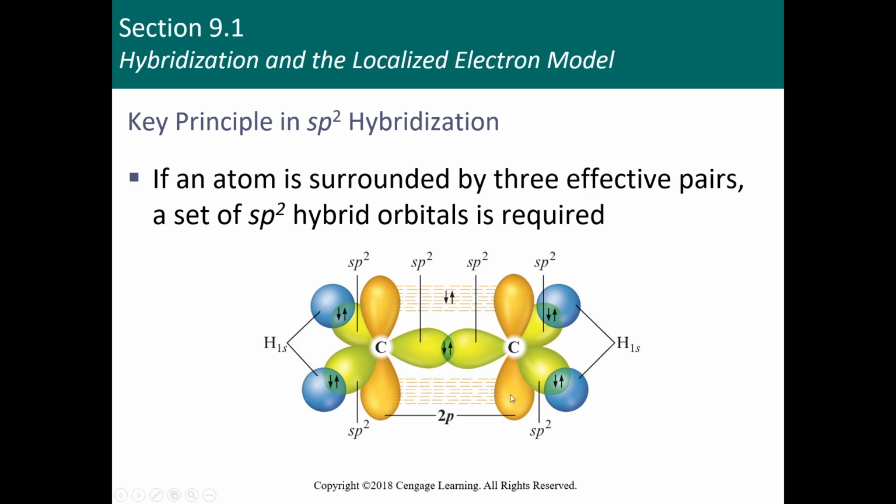This overlapping on the side of the p orbitals is going to share electrons between them in what is called a pi bond. Okay? Notice this is a single pi bond being formed between these two p orbitals, one on each atom.